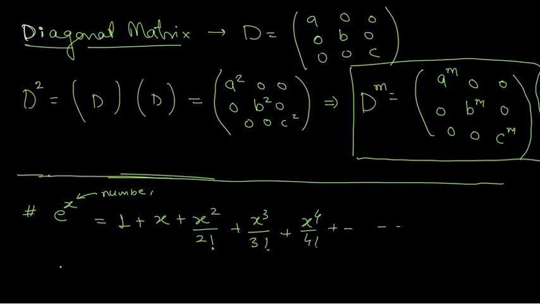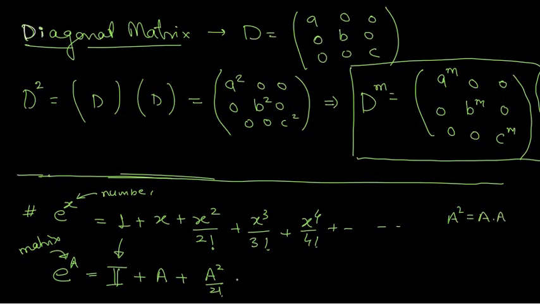The expansion of the exponential remains the same if e is raised to power A, where A is a matrix: 1 is replaced by the identity, and you write I plus A plus A square by 2 factorial, where A square is A times A, plus A cube by 3 factorial and so on, where A cube is A dot A dot A, multiplied three times.